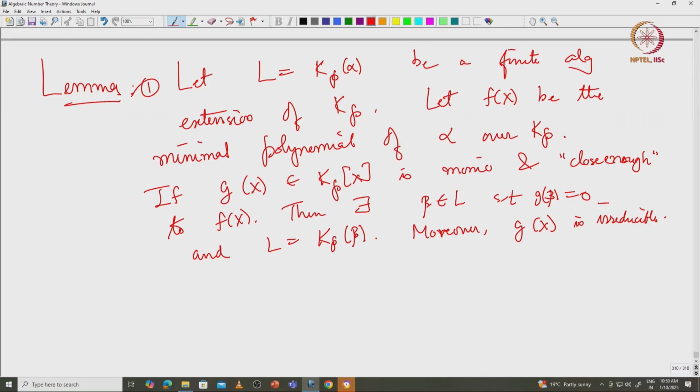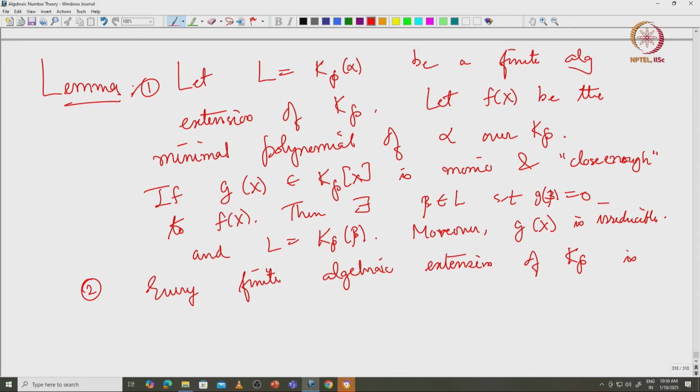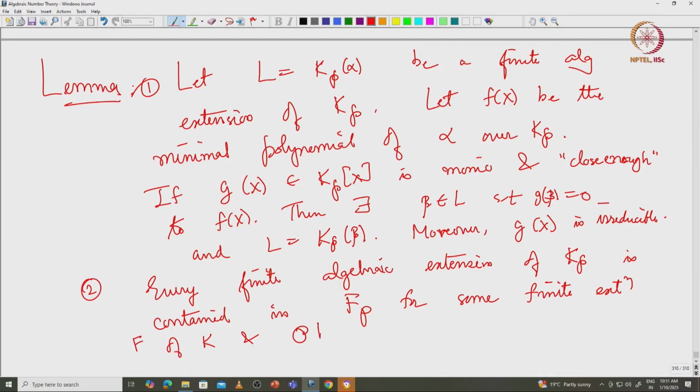As a corollary of this, so this is the first part, we get every finite algebraic extension of K_P is contained in F_P for some finite extension F of K and capital P dividing small p.